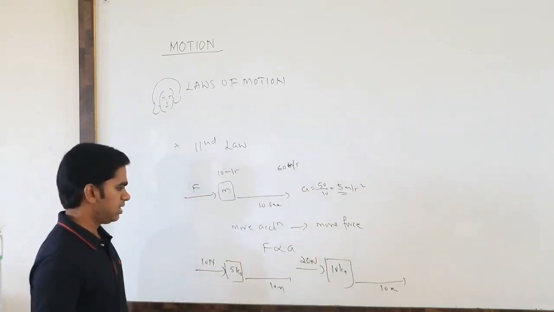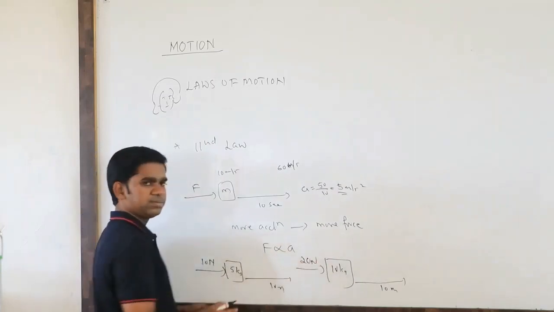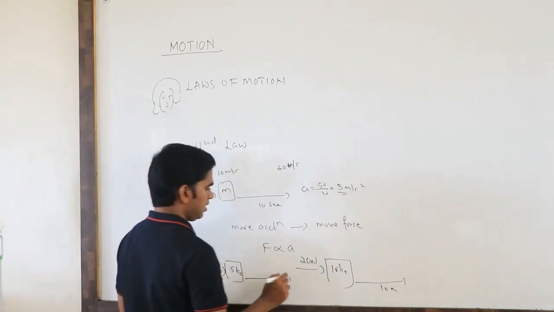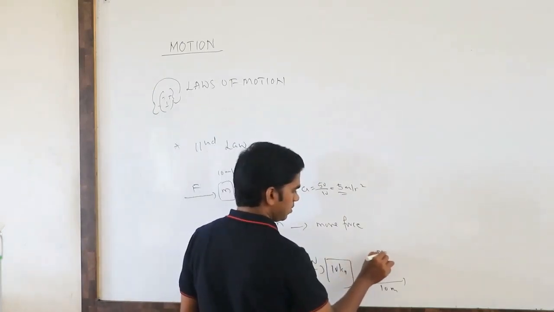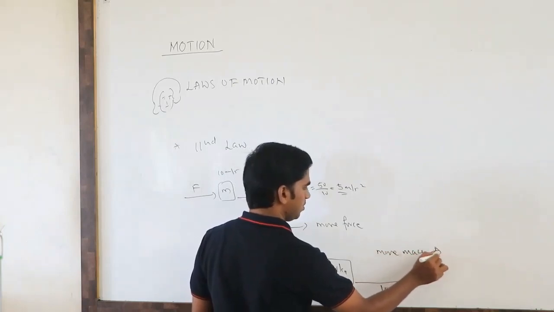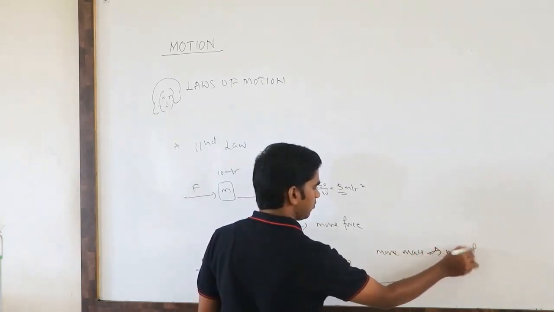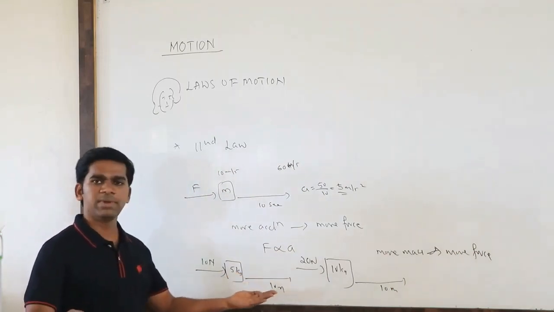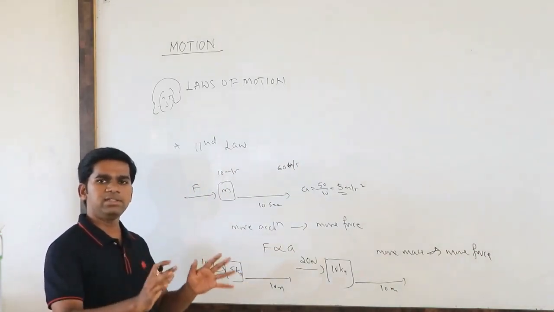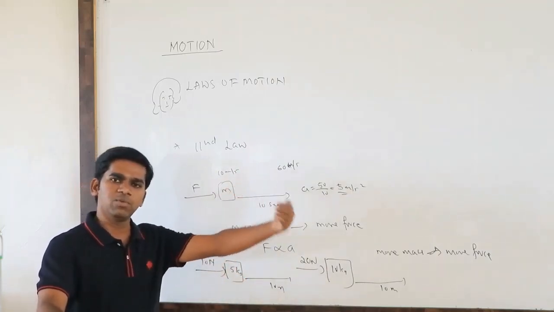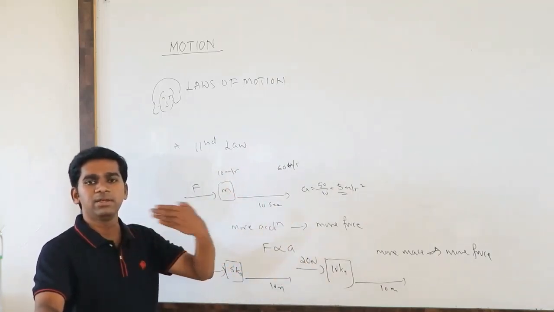That means if mass is more, the force applied is also more. More mass means you have to apply more force. If you want more acceleration, you have to apply more force.